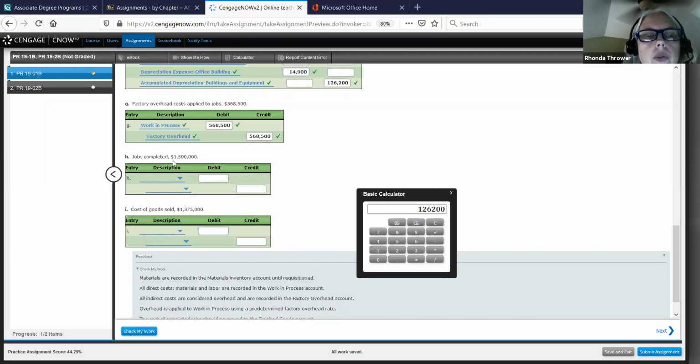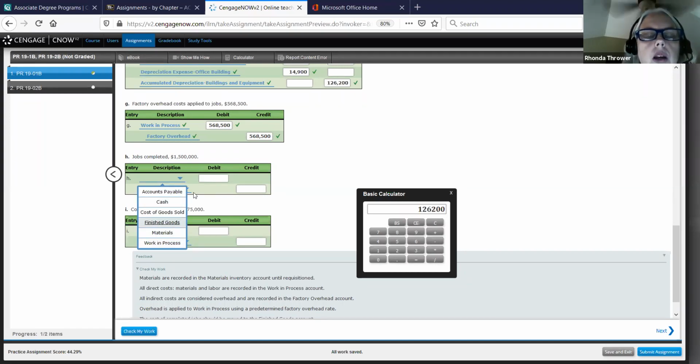In H, jobs completed were 1,500,000. What jobs completed are finished goods. So once you take the materials out of the materials, put it into work in process, you're going to convert the materials in work in process until they become finished. Now we know that we have some finished goods. The finished goods is an asset account.